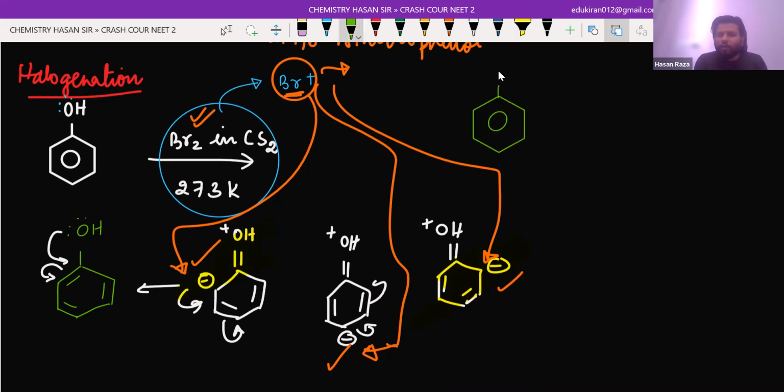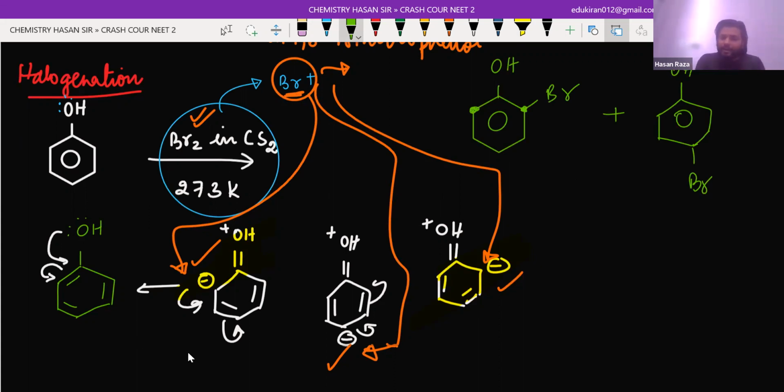You will be getting two products with respect to OH. This will be your ortho. If you use Br here or here, they will both be the same because they are ortho positions, and it will either attack on this para position. So tri substitution does not take place here because this reagent gives only one electrophile, so it attacks at only one position.